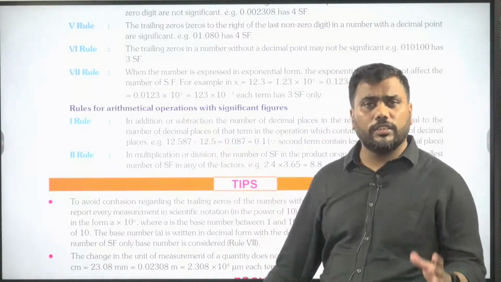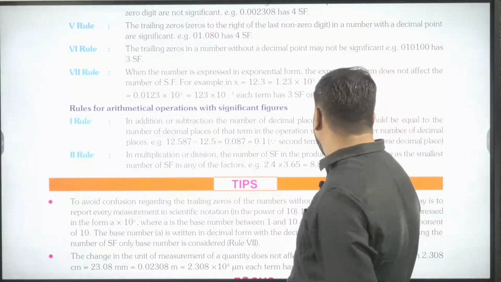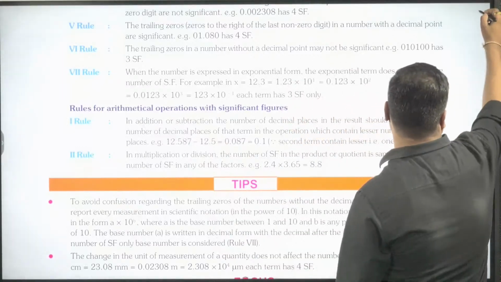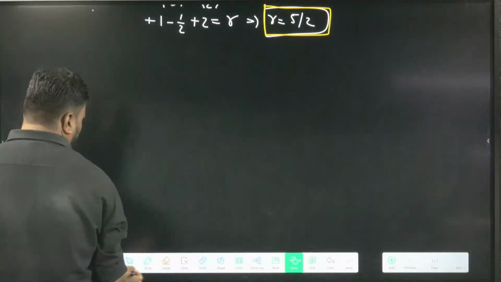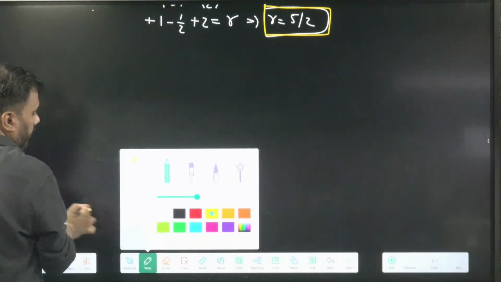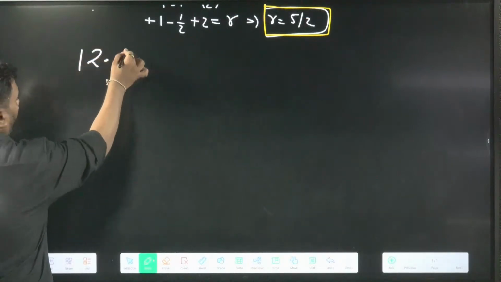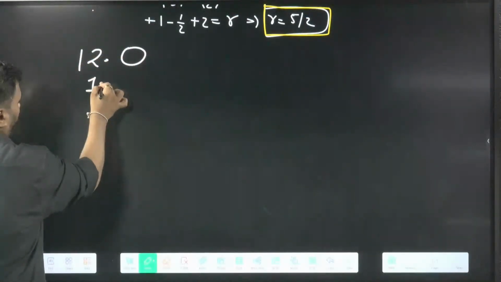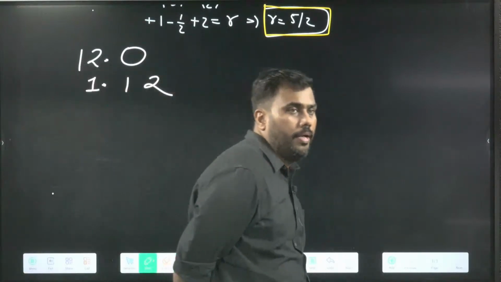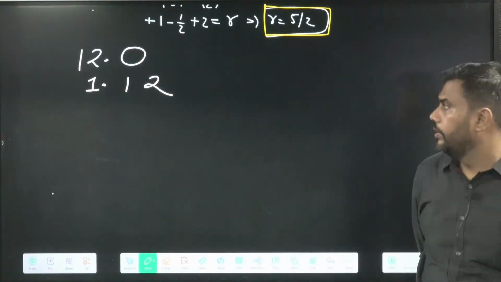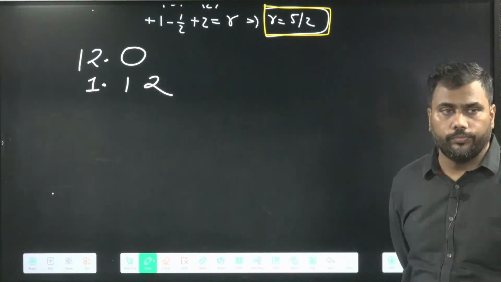If we are adding or subtracting, we should observe the number of significant digits after the decimal. Let us go back to our board. Suppose I am adding 12.0 with a number 1.12.